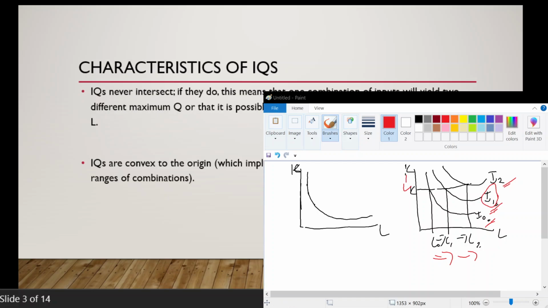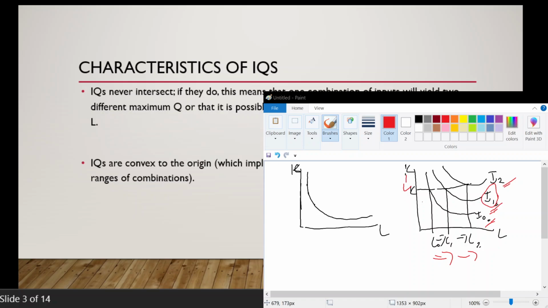Next, IQs never intersect because if they do, this means that one combination of inputs will yield two different maximum outputs, or that it is possible to increase Q without increasing K or increasing L. So, hindi sila nag-i-intersect. Okay? Never sila nag-i-intersect. And then, IQs are convex to the origin.